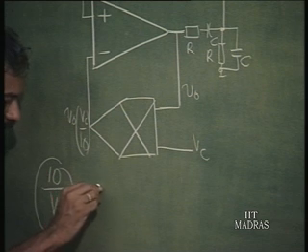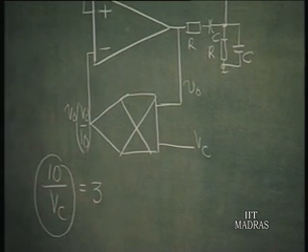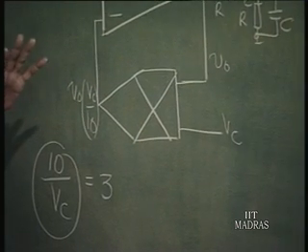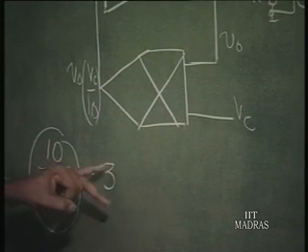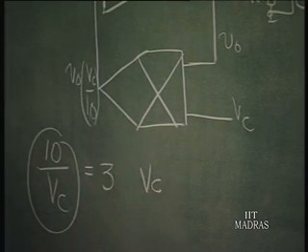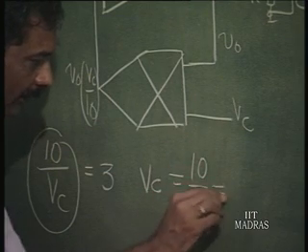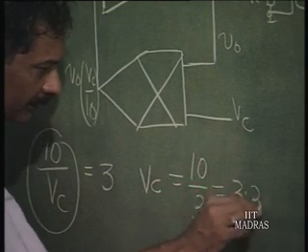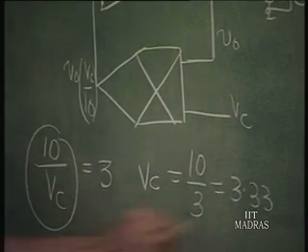This should be exactly equal to 3 for the amplitude to be stabilized at exactly 10 volts. So, at 10 volts the gain should be 3, or Vc should be equal to 10 by 3, or 3.33 volts.